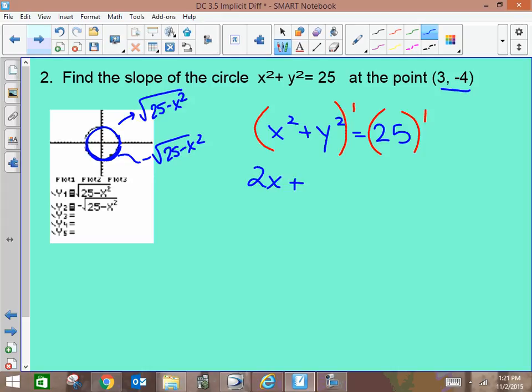What's the derivative of y squared? 2y, you're close, dy dx. So you do it regularly, like if it was an x, and then just tack on and multiply by dy dx. What's the derivative of 25? 0. Okay? Now, that's calculus.